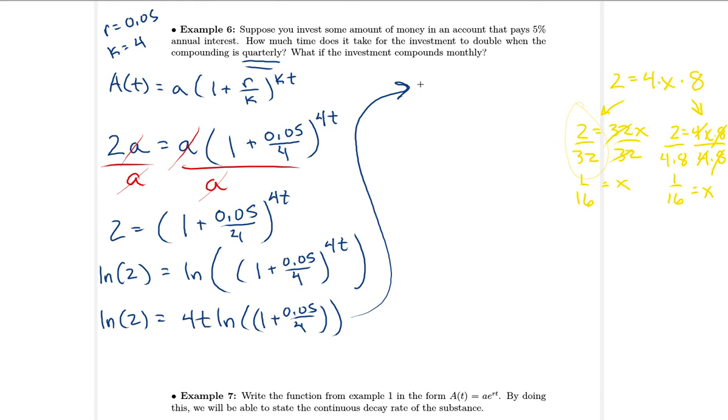So we end up with the natural log of 2 is equal to 4t natural log 1 plus 0.05 over 4. And I'll just divide by 4 times the natural log of 1 plus 0.05 over 4 on both sides.